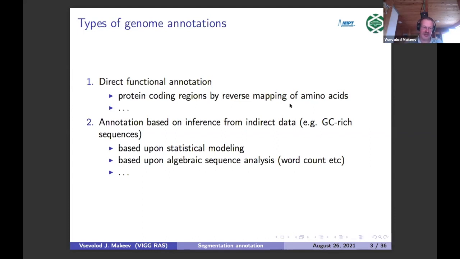So you say that there are a lot of C's and G's, so it is very likely to be a CpG-rich island, and this island is likely to be involved in the regulation of transcription activity. This second type of genome annotation is what we are usually going to talk about.